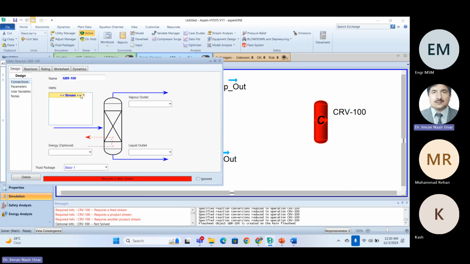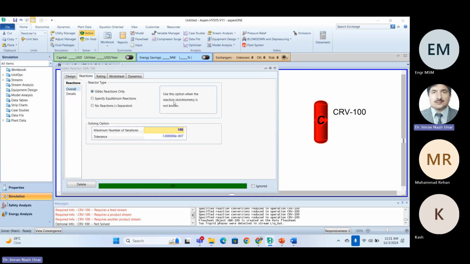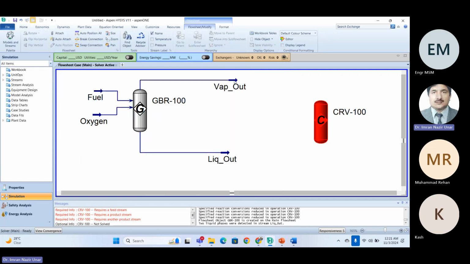Now I am doing almost the same thing with this. There's a fuel and oxygen. The vapor out is vapor out and liquid out because we have created this. Now you see in the reaction tab, it has not required anything from us. Only one option is there by default, take Gibbs reactions only. So we have not given any reaction sets, but it calculated things automatically.